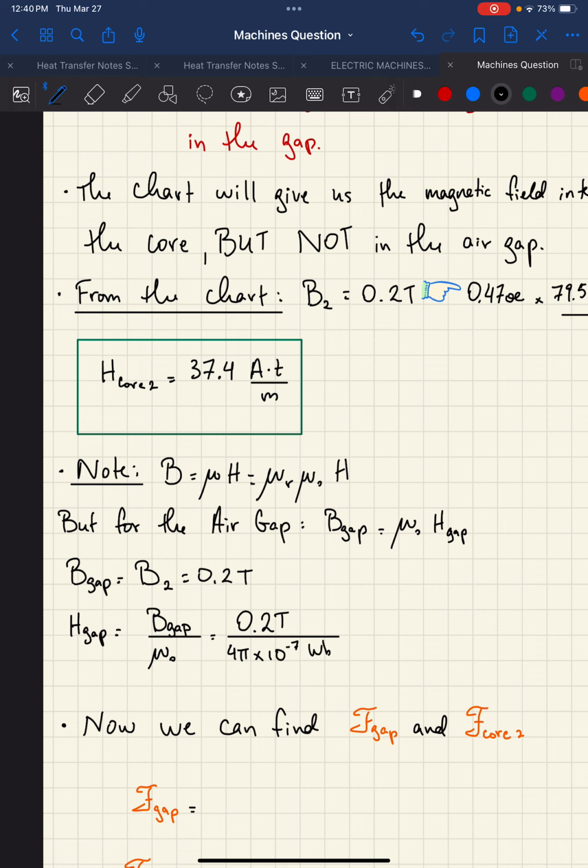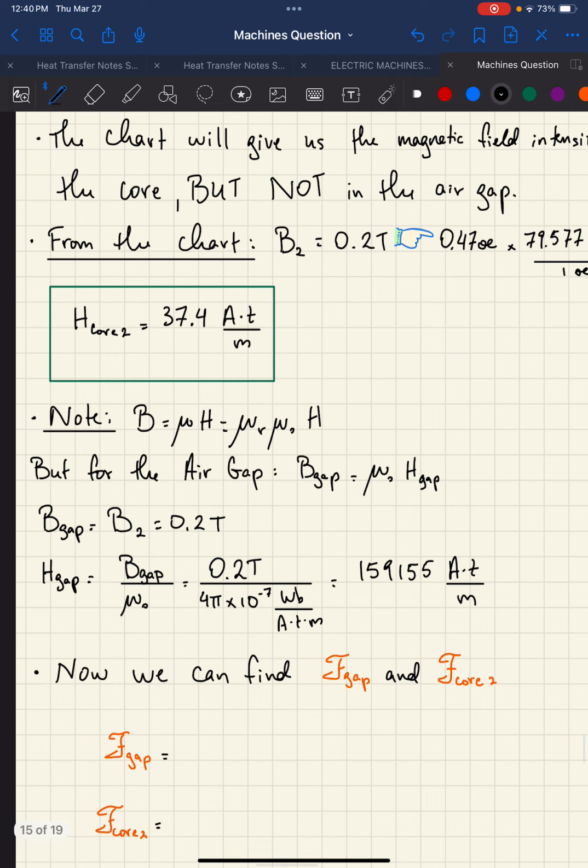Units are Weber per amp turn meter. And this is going to turn out to be a really big number. It's 159,155 amp turn per meter.